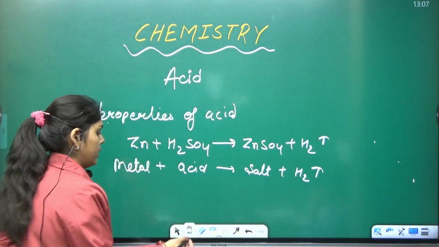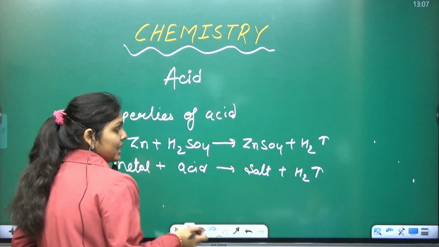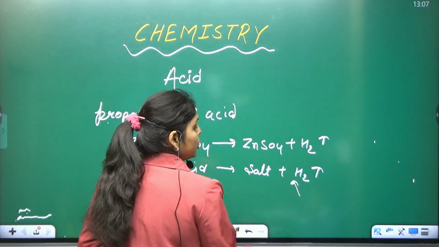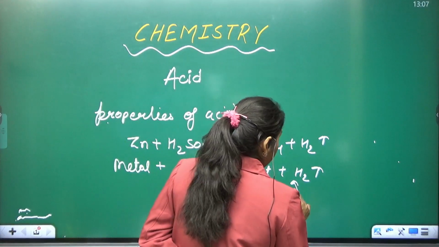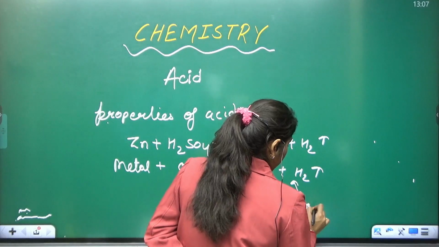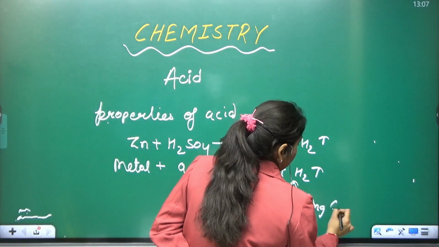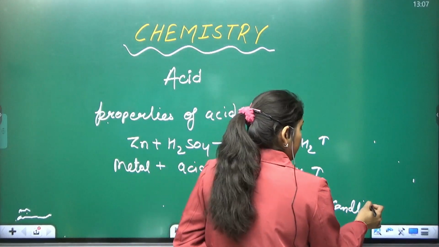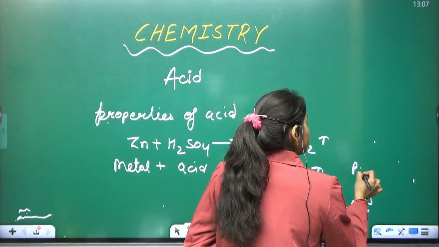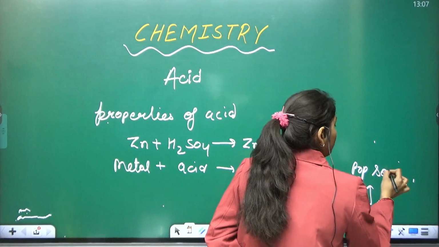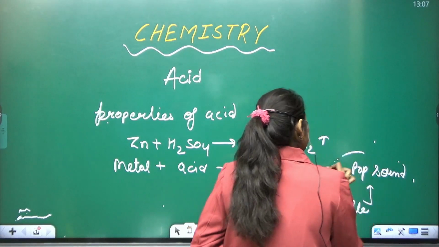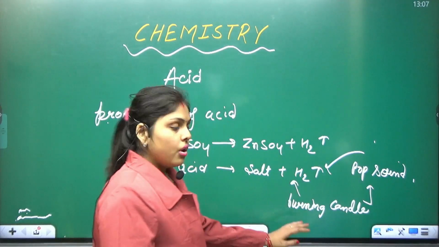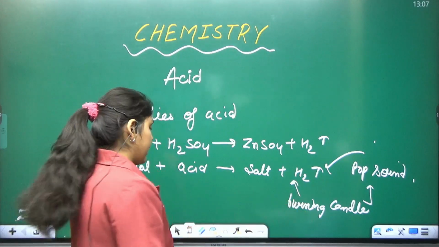Okay. How will you check that it is H2 gas? When you bring a burning candle to this, it will make a pop sound. And we all know that only hydrogen gas gives a pop sound on adding fire to it. Okay.